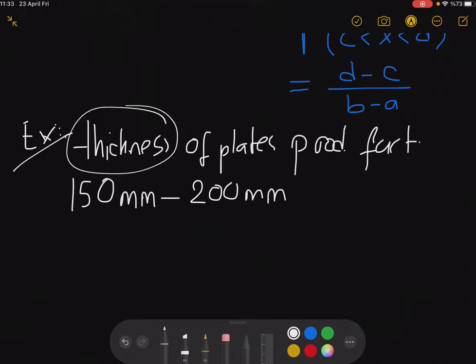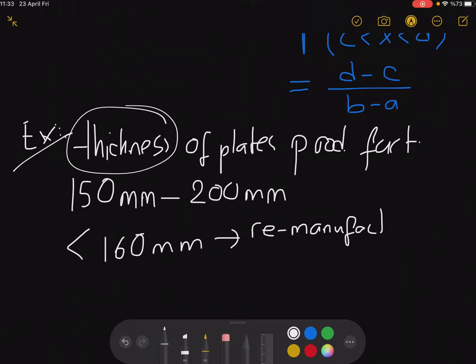But when the plates are produced, any thickness less than 160 millimeters will be discarded or remanufactured. Remanufacture required. It means that they are unacceptable, okay?